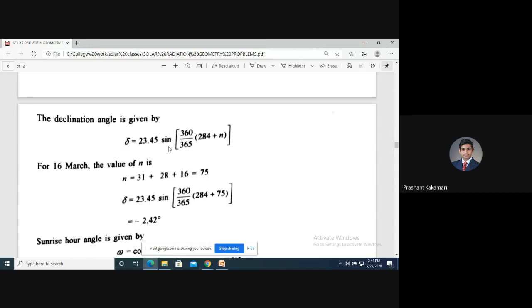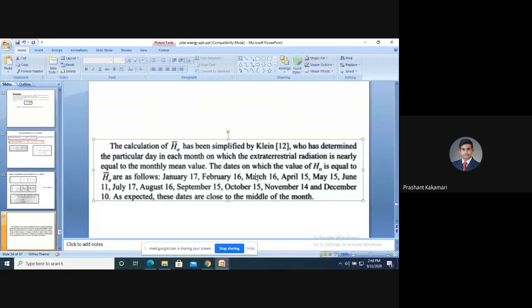Assuming March 16th, see here, 16th they have taken for March. For that March 16th, what is the nth day? Earlier also you have calculated: January 31, February 28, and March 16th. March 16th represents the monthly average value itself.